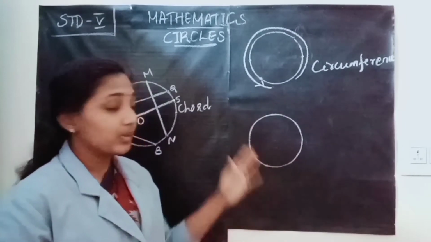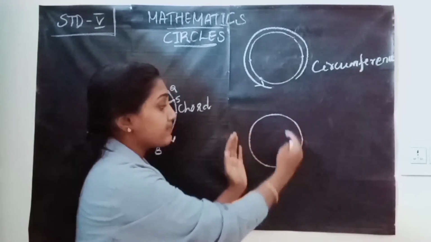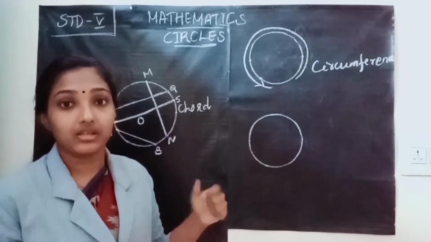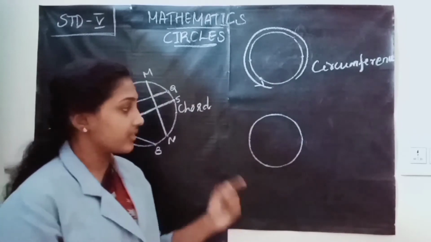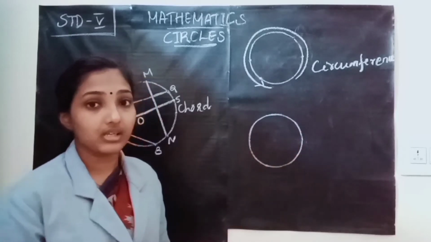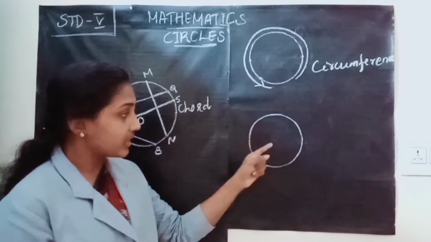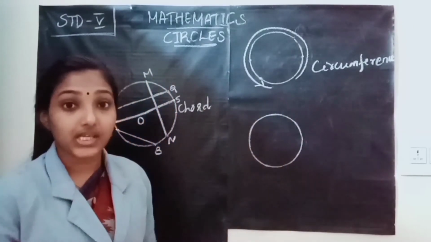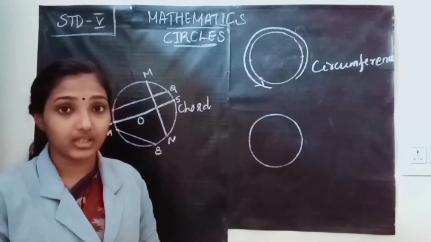We said that a circle is a closed figure. So the region enclosed by the circle is called the interior region of the circle, and the region outside the circle is called the exterior region of the circle.